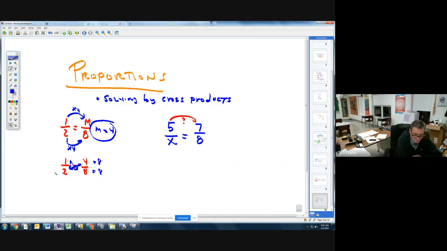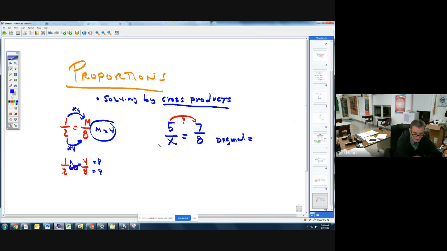The diagonals multiplied together are equal, which means when you solve something by cross products, what you are doing is you're making an equation and you're setting the diagonals equal.